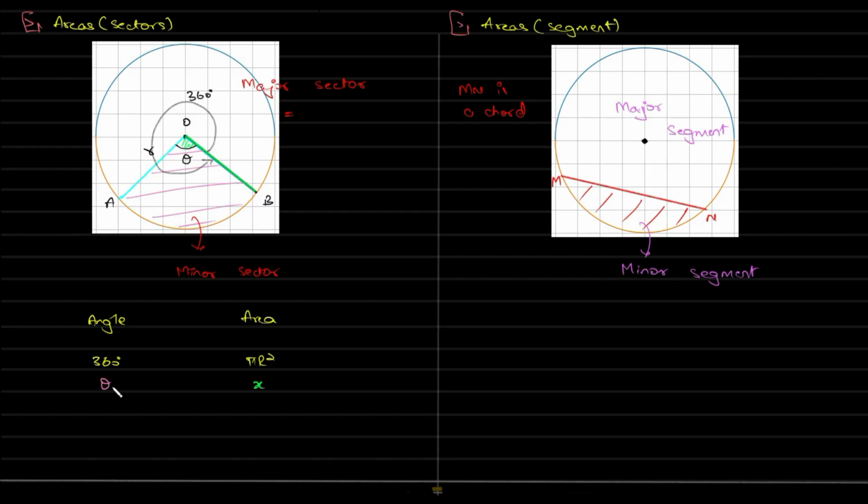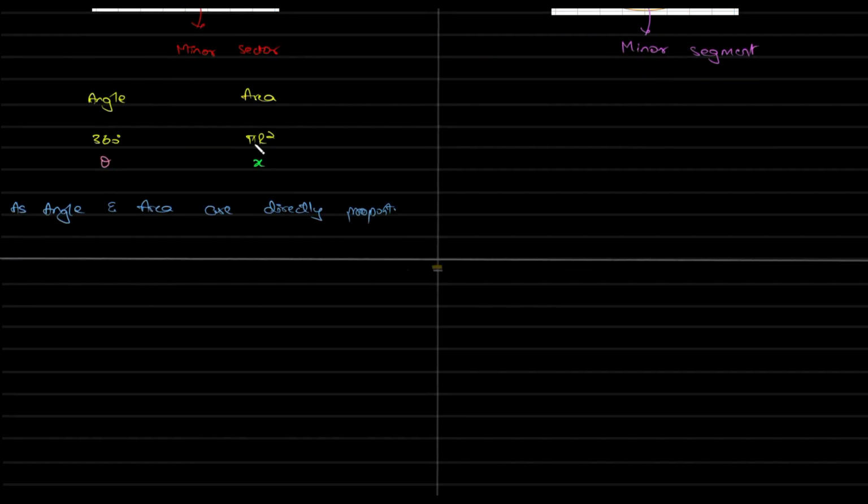So, all of this we are talking about is in regard to the minor sector. Remember that. Now, coming back, since angle and area are directly proportional, what you can write is, cross multiply: x into 360 is equal to theta into pi r square.